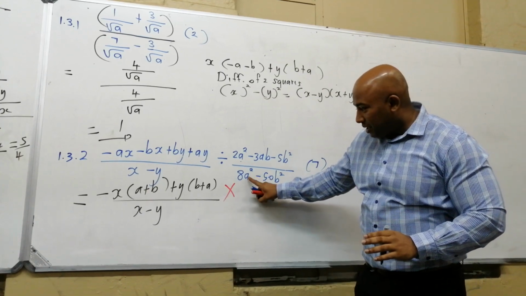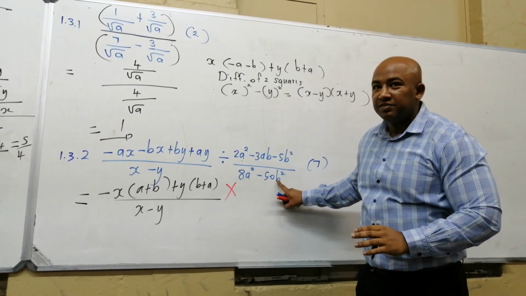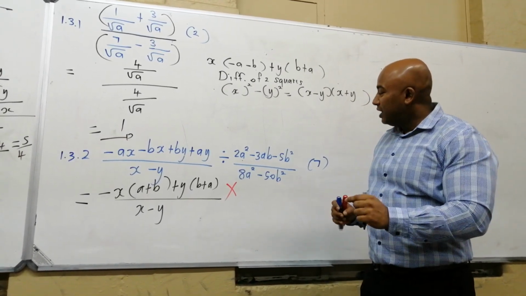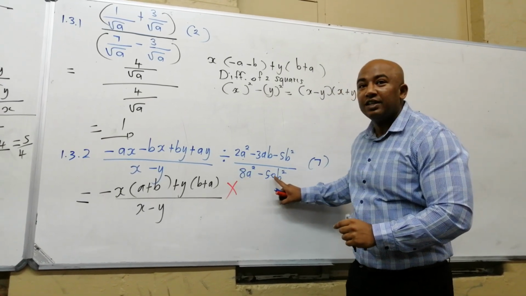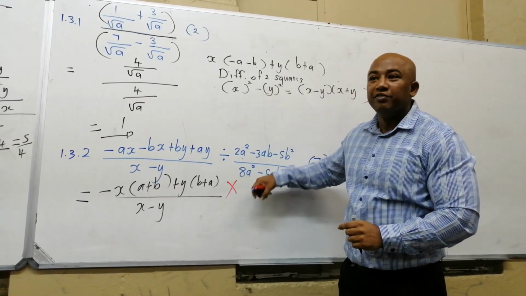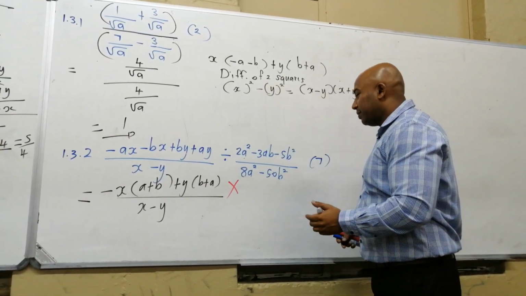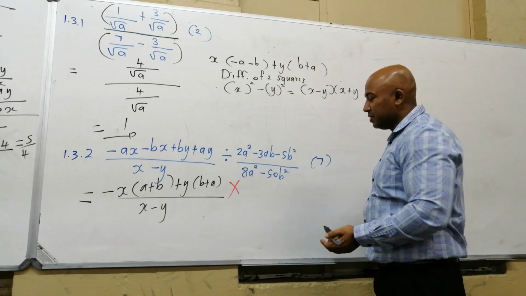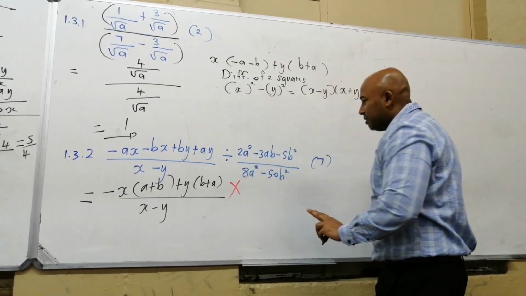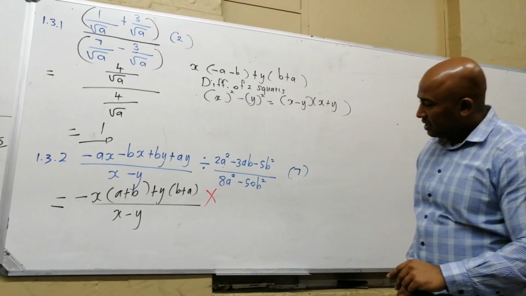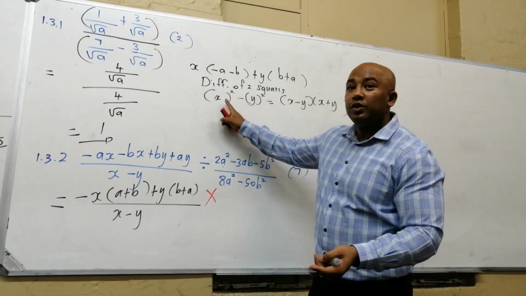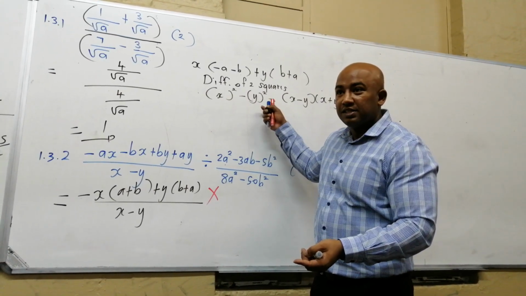But the problem is the 8 and the 50. So we need to first take out the highest common factor before we apply the difference of 2 squares. So let's show it here now since we have to do it. What will the highest common factor here be? That will enable us to do the next step, which is apply this formula.